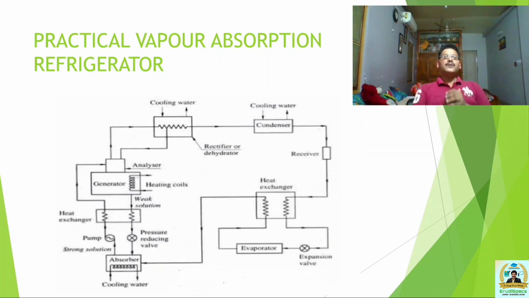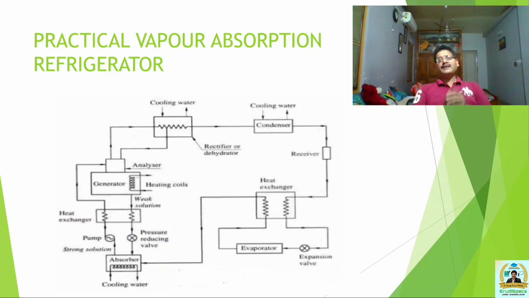The Vapour Absorption Refrigeration System, although a primitive type of refrigeration system, finds application due to the following reasons. One of the major reasons why it is being used is that it doesn't have a compressor. The only moving component is your pump. So the moving parts are of smaller size and it almost gives a noise-free system.